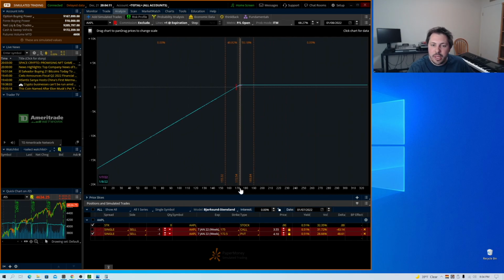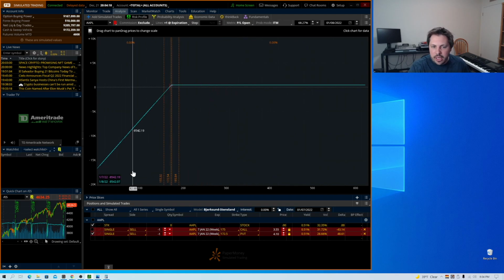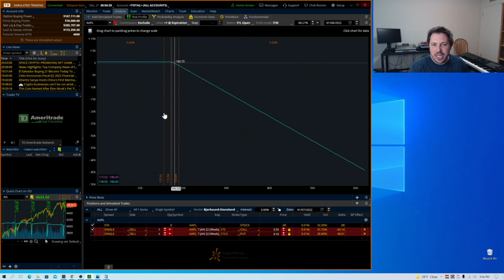So there's limited risk when you're selling puts naked to the downside, as opposed to when we're selling the call here, there's unlimited risk to the upside. This is so important to understand when we're talking about selling options, of understanding where that risk is, right? Selling puts, there's limited risk to the downside, right?